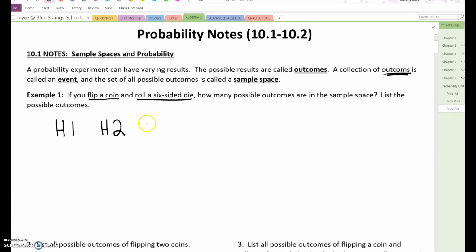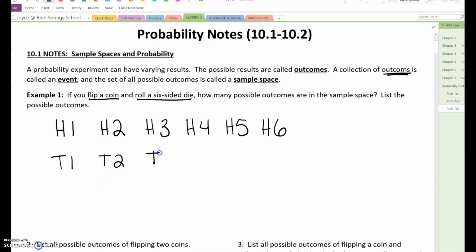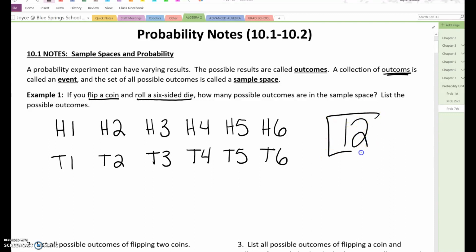What's another one? H3, H4, and so on. There's flipping heads and rolling 1 through 6. We also have flipping tails and rolling 1 through 6. Once we write these all out, we can count them. There are 12 possible outcomes in this sample space.